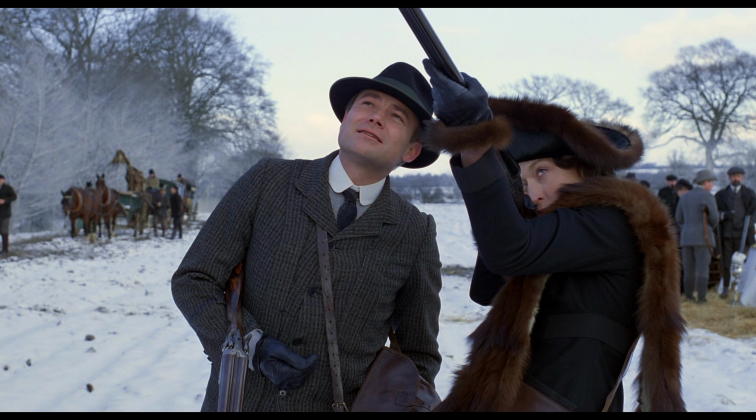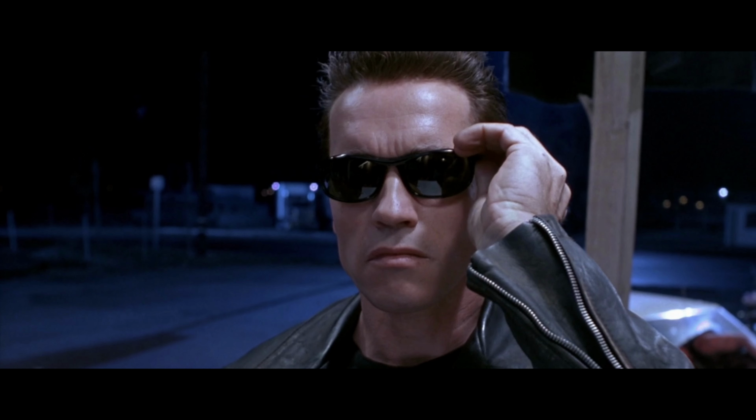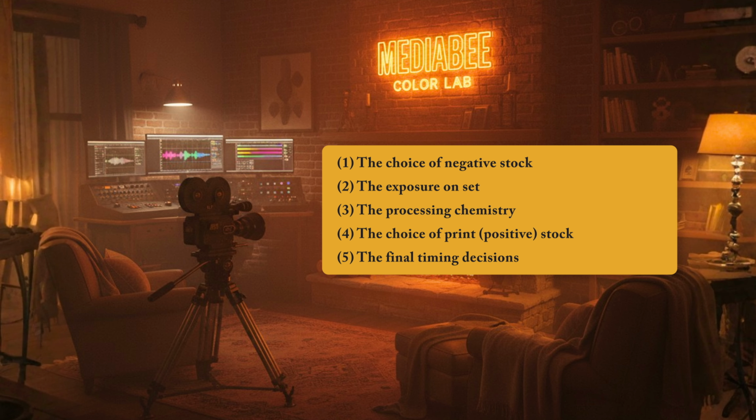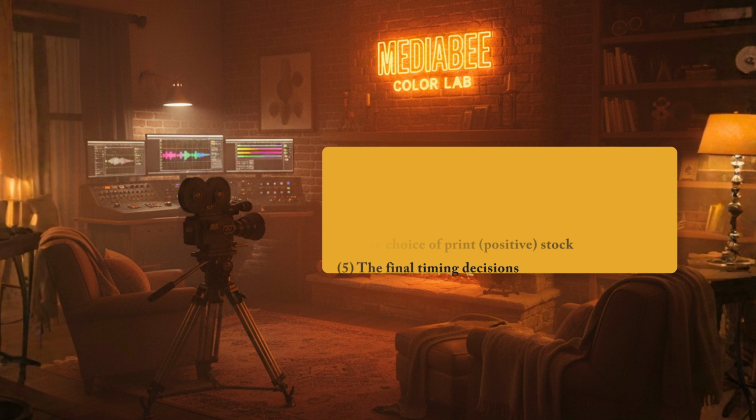So when you watch a film from the 80s or 90s, or even something like No Time to Die, which was shot on film, what you're seeing is the result of that entire analog pipeline, which includes, of course, the choice of negative stock, the exposure on set, the processing chemistry, the print stock, the positive film, and the final timing decisions made by the color timer, the colorist of the time.